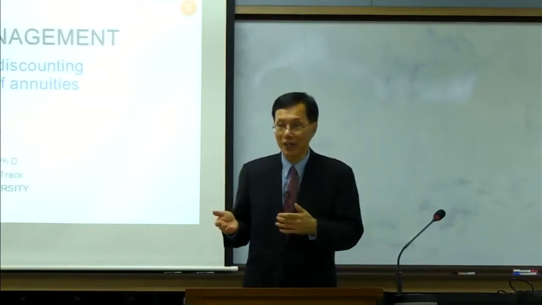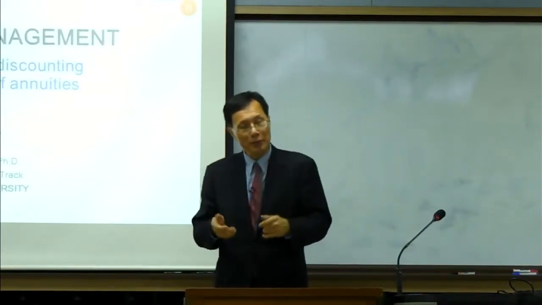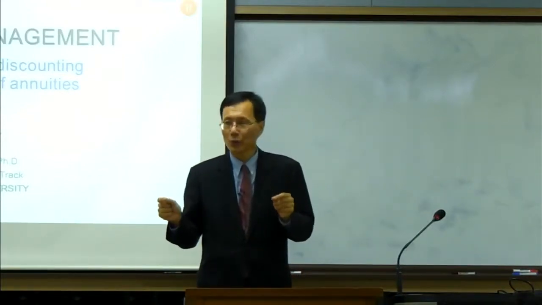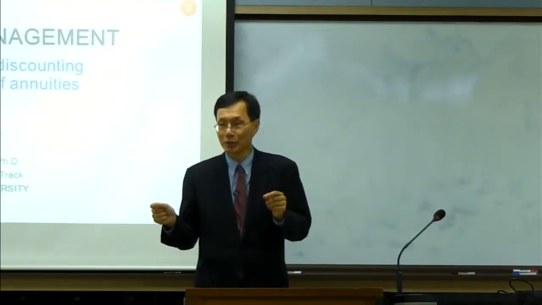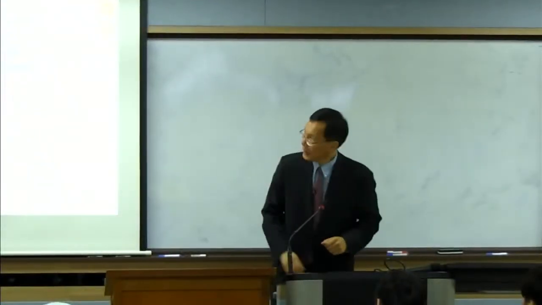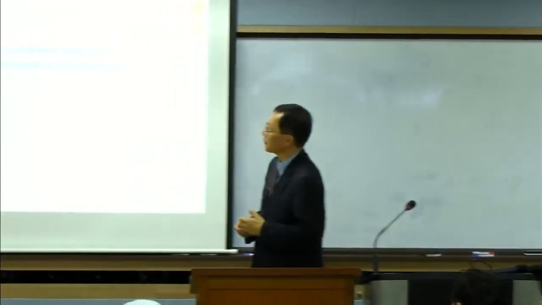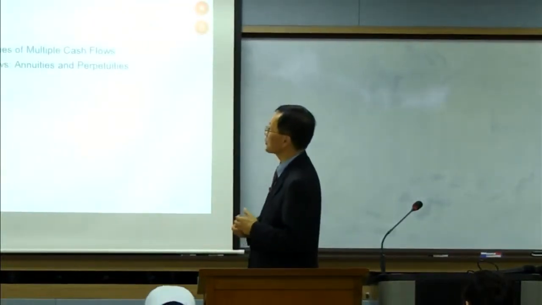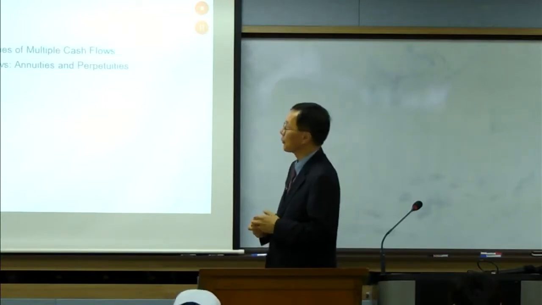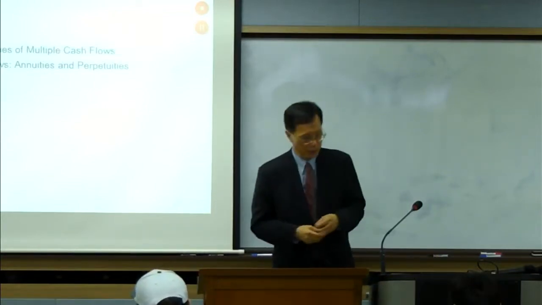And we'll talk about a very special case of multiple cash flows, so-called annuities and perpetuities. So this is the outline: future and present values of multiple cash flows, and valuing level cash flows, annuities, and perpetuities.